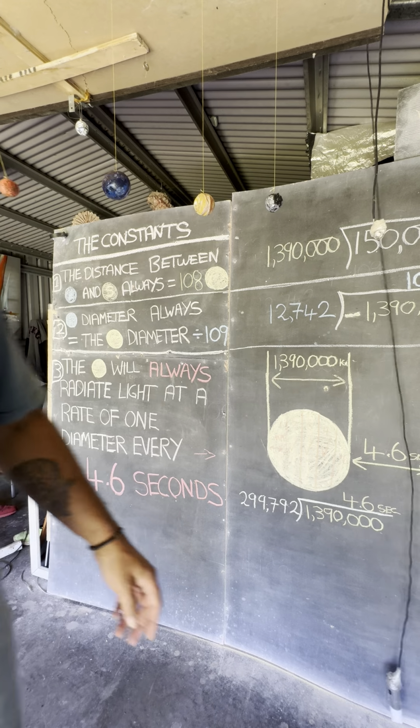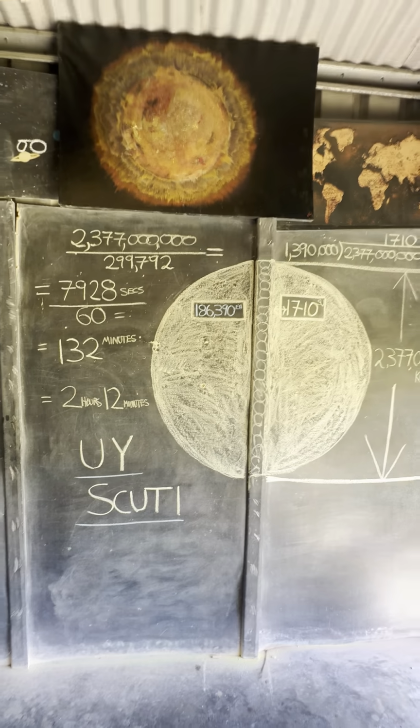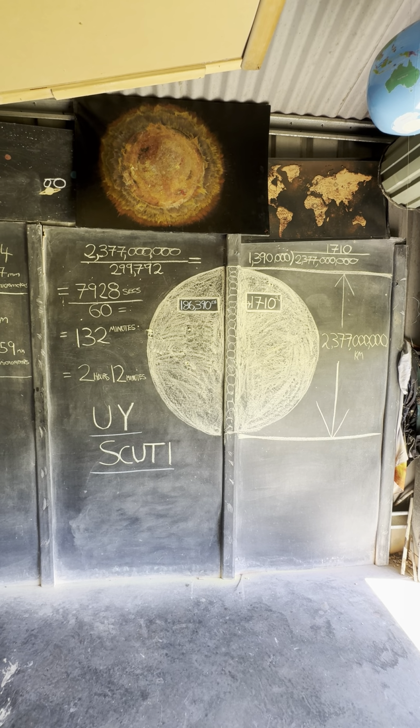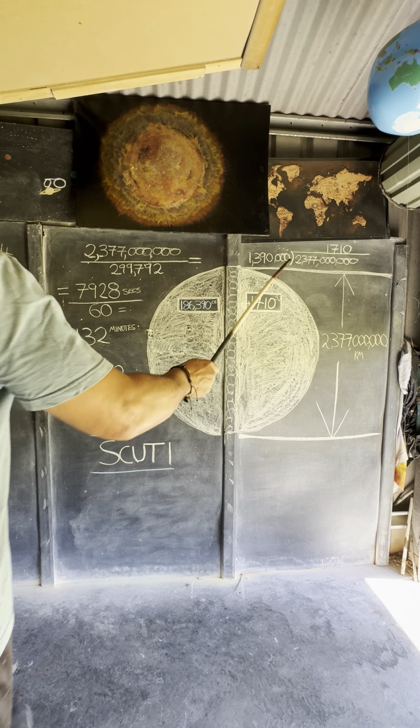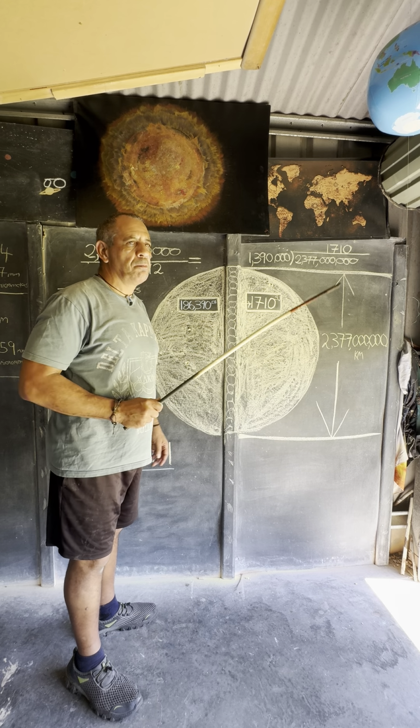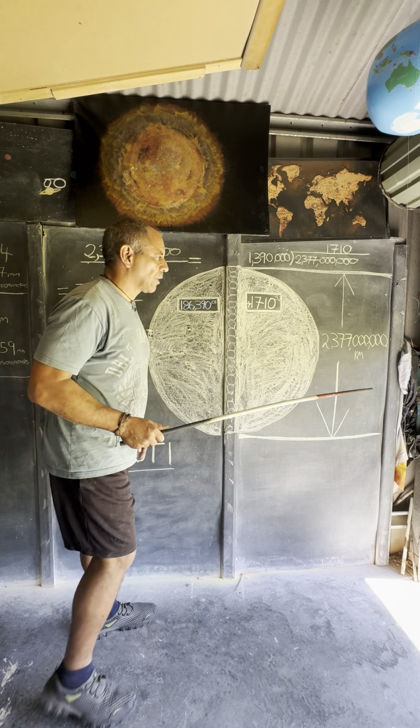What we have here is UY Scuti. It's one of the biggest stars ever discovered. It has a diameter of 2,377,000,000 kilometers, right?